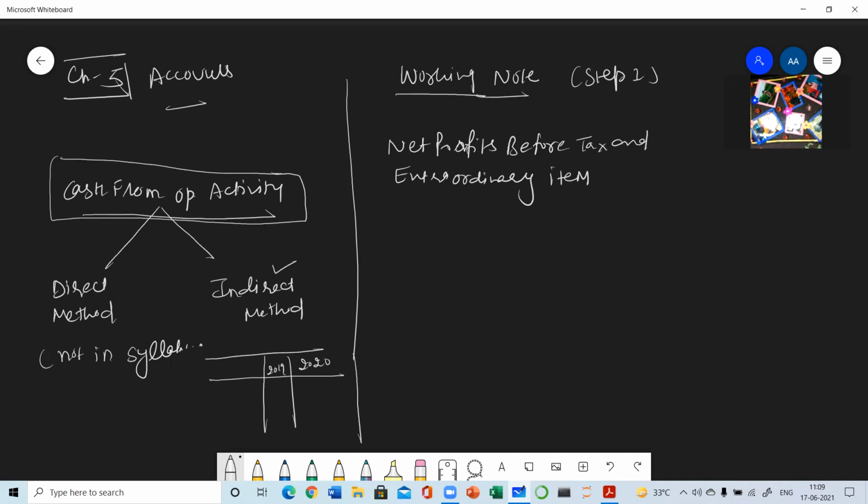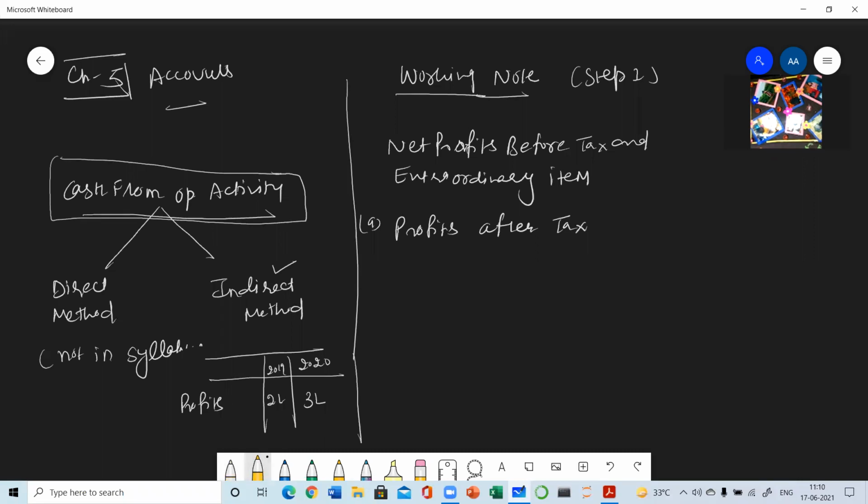Suppose reserve and surplus is given, and in that reserve and surplus, profits are given to you. In profits, 2019 suppose 2 lakh, and 2020 suppose 3 lakh. So first of all, we need to take the profits. This is the A part: profits after tax.